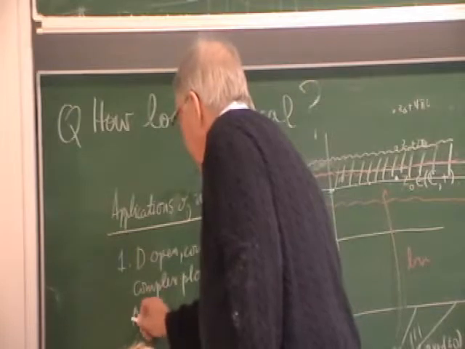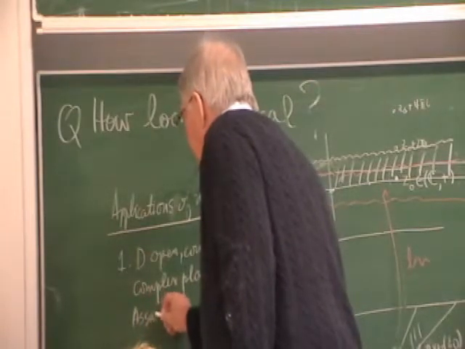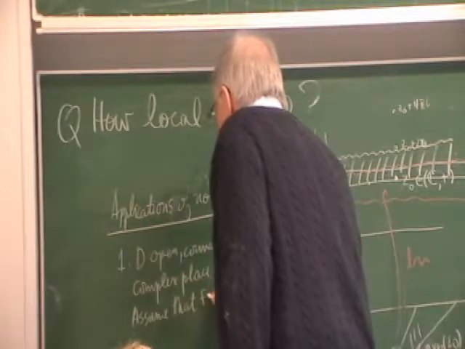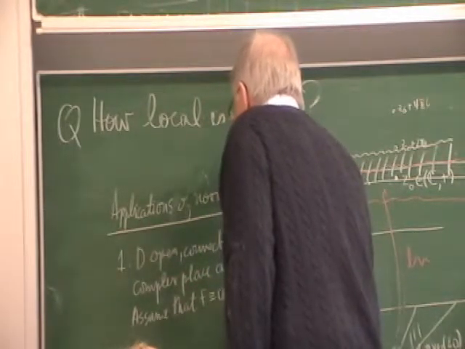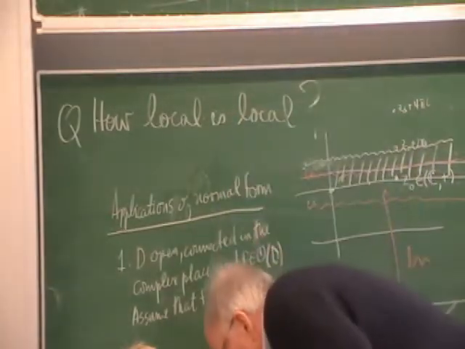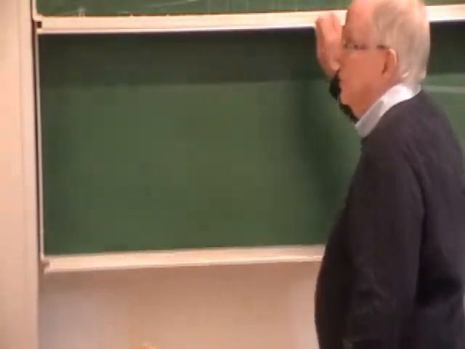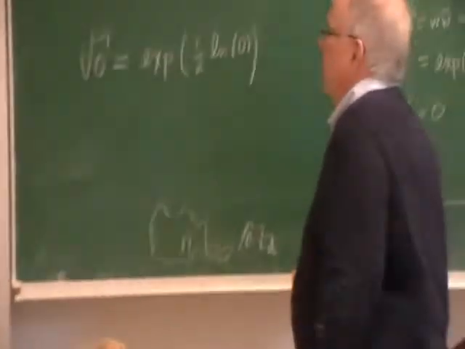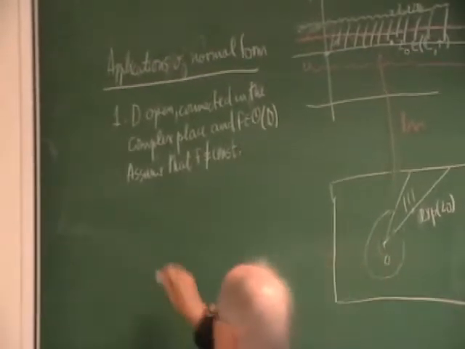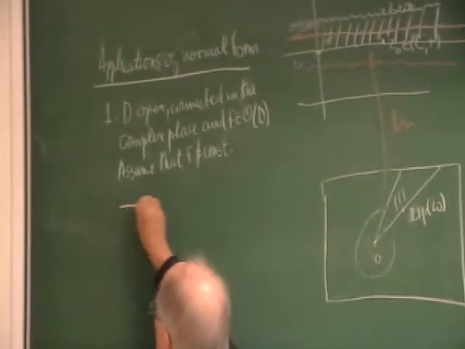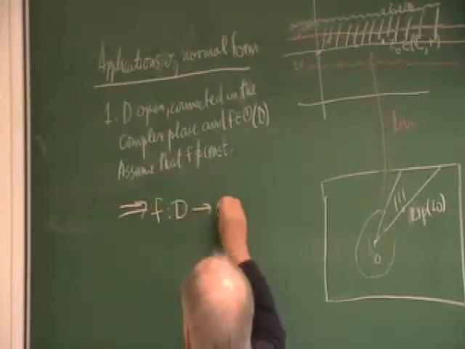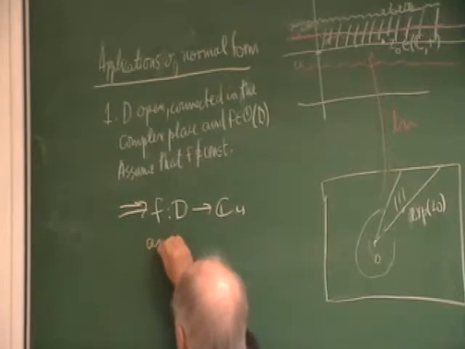Assume that f is not identically a constant. Then f mapping the domain to the complex numbers is an open mapping.